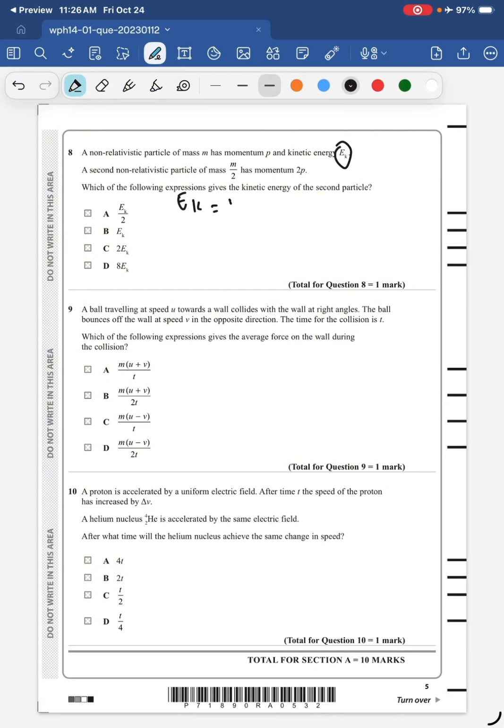Okay, so ek is p squared over 2m. You have to use that expression for the kinetic energy because it's simpler. Therefore, ek prime for the second particle is going to be 2p squared over 2 times m over 2, right?